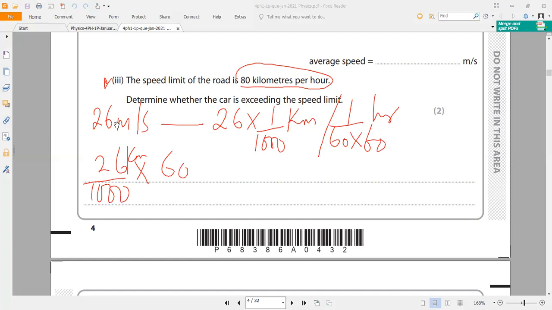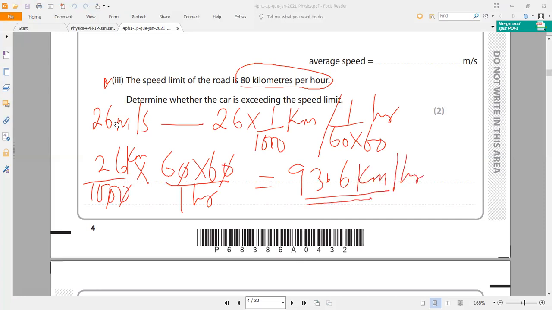Don't forget, 60 times 60 all over 1 hour. On calculation, we have 93.6 kilometers per hour, which is obviously greater than the speed limit. So the car is speeding above the speed limit. That is it for this question. We'll move on to the next question.